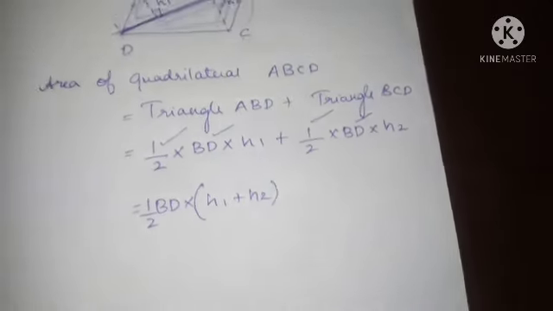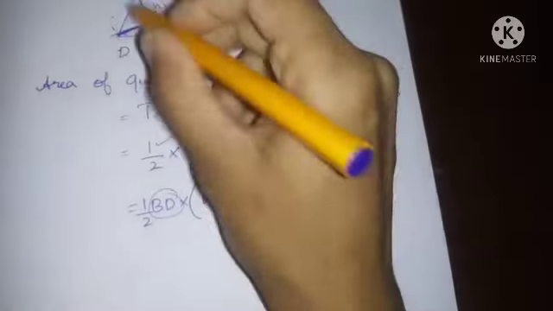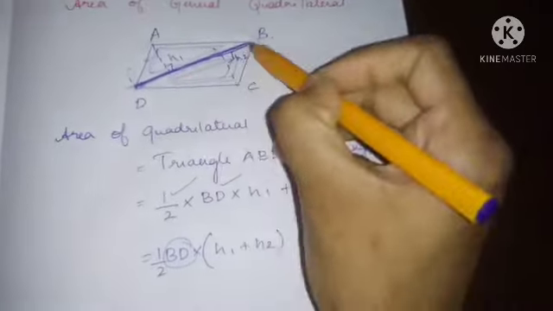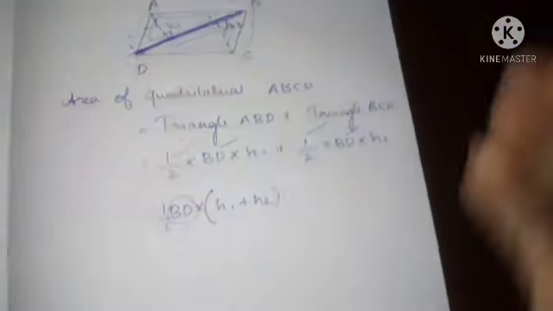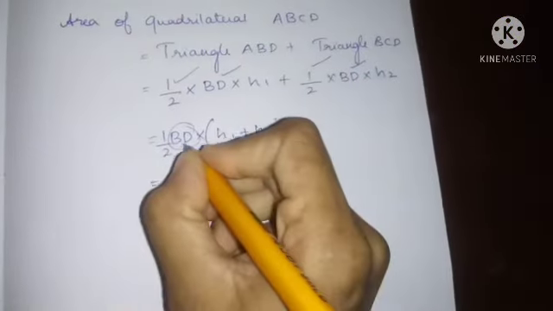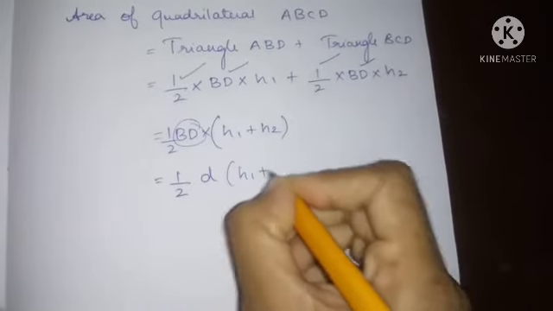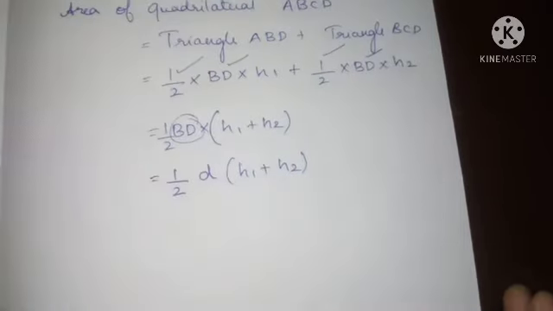So what is actually this BD? BD is nothing but the diagonal of this quadrilateral. Correct? This is the diagonal. This is also one diagonal. BD is one of the diagonals. So I am taking it as D. So 1 by 2 into, instead of BD, I am taking the diagonal D, into H1 plus H2. See children, you don't need to put the multiplication sign every time.